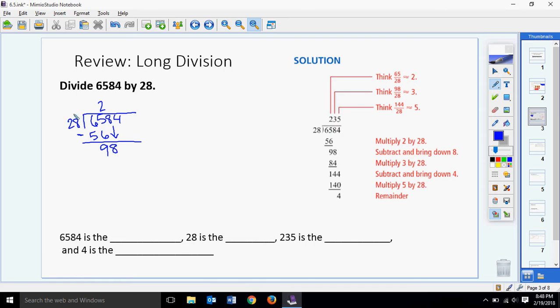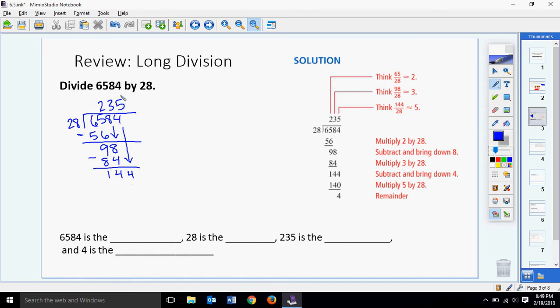Now I ask myself, how many times does 28 go into 98? And that's about 3 times, because 3 times 28 will give me 84. Remember, I subtract next, so I get 14. I'm going to bring down my last number, 4. 28 goes into 144 how many times?